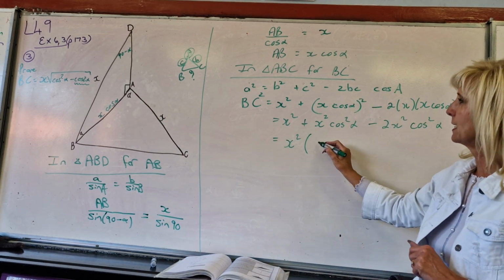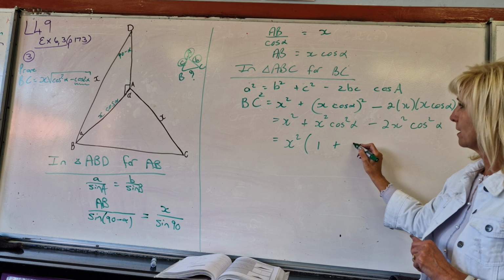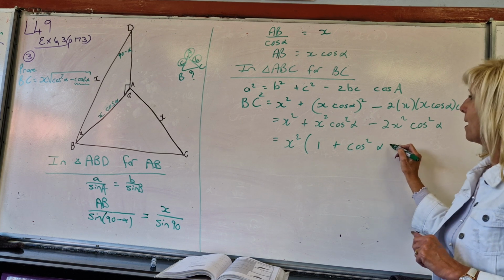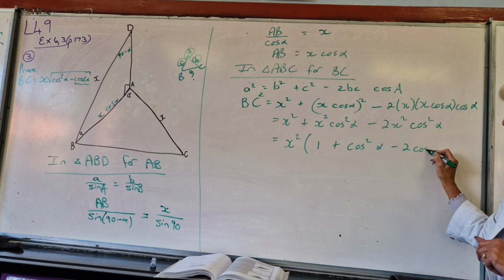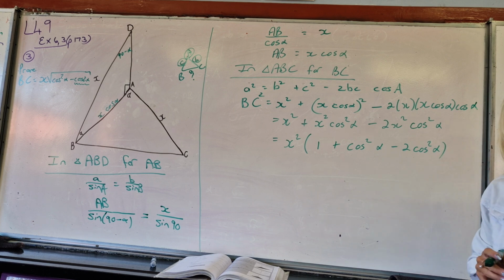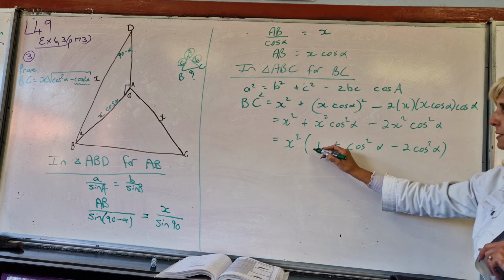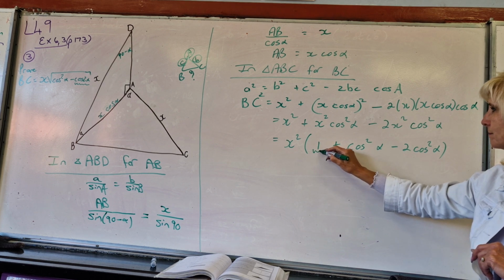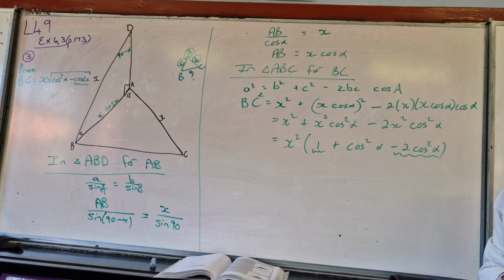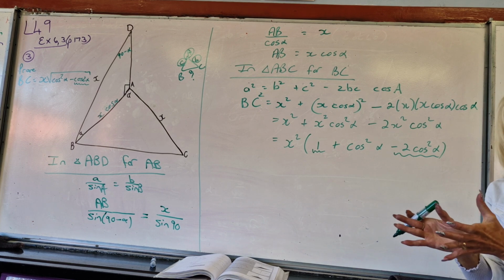What's left is 1 plus cos squared minus 2 cos squared. Now I'm doing what somebody else had the idea of that I liked so much that I'm showing it to you. Because if I do that, what's this? It's that cos double angle already.